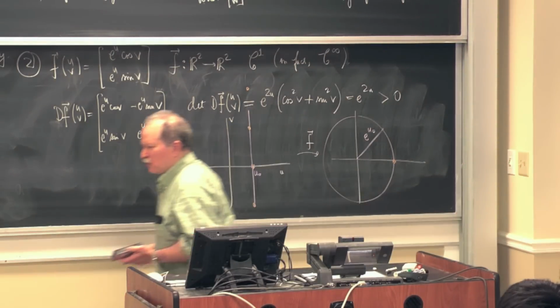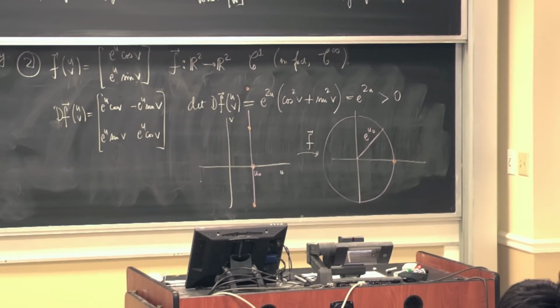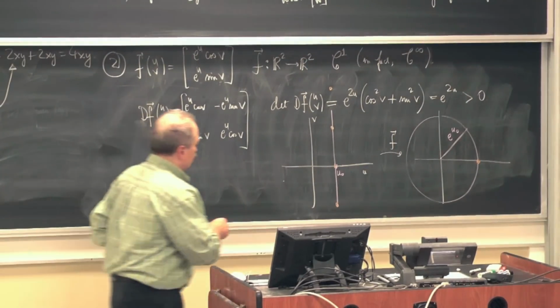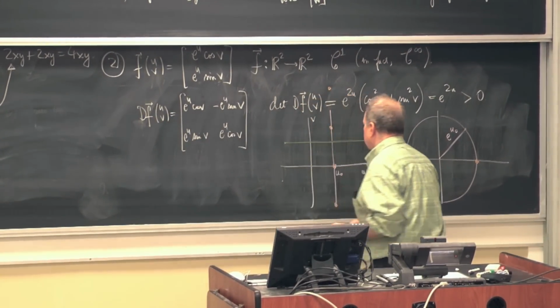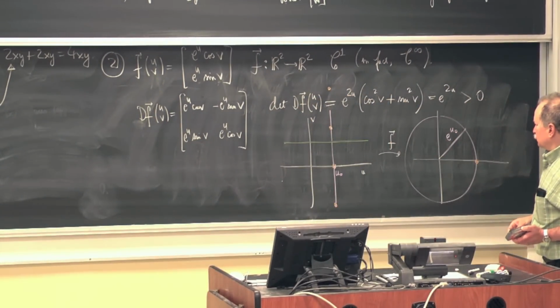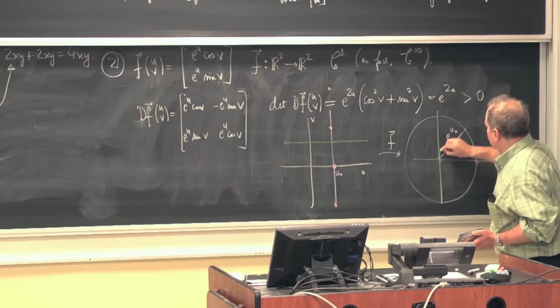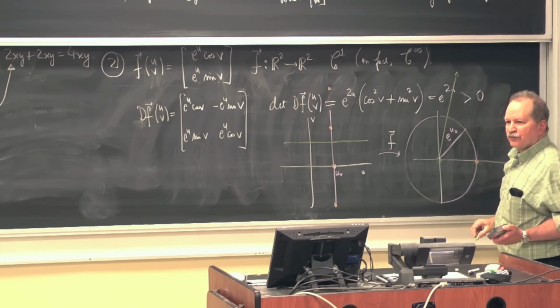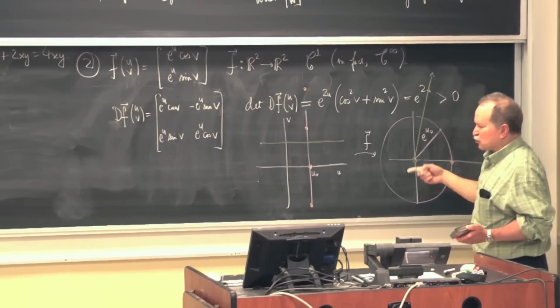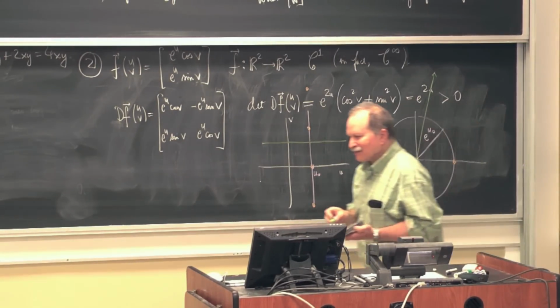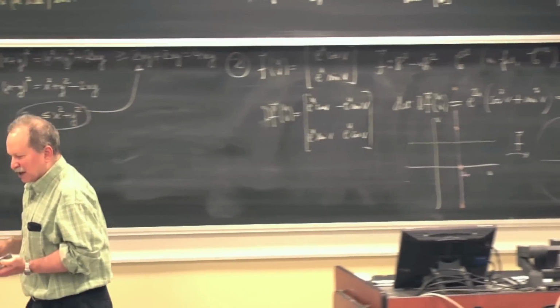What happens if you fix v and vary u? Right, goes along a ray like that. So this reminds you of what? Polar, but I put an exponential in there.